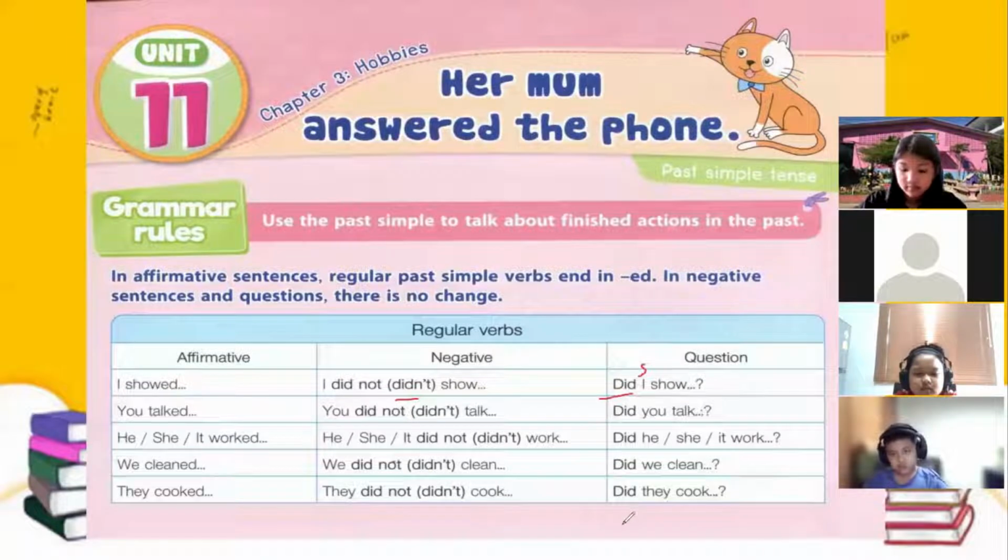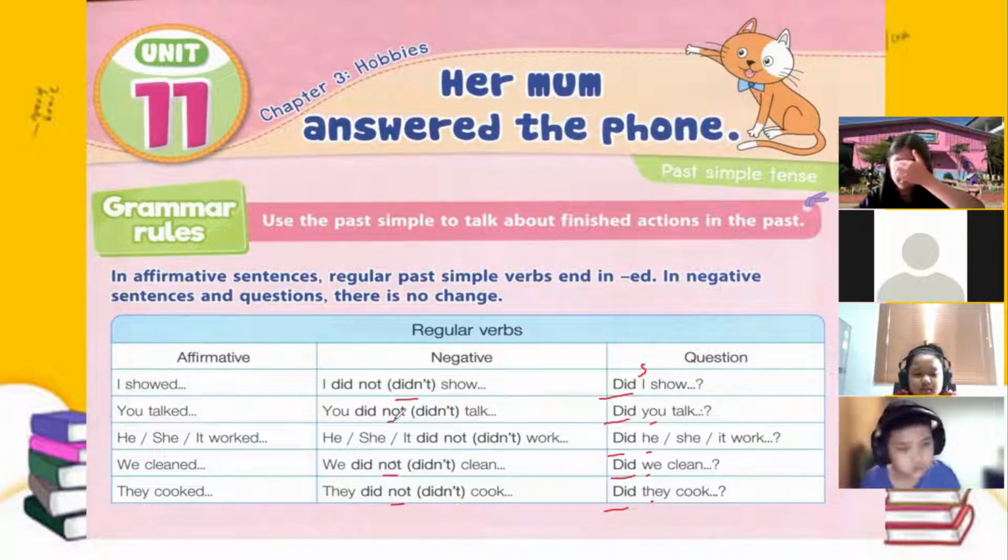Did they cook? So the helping verb, as you can see in every sentence, comes in the beginning of the sentence before the subject. And in the negative sentence, it will come after the subject, but we add not. So it's a simple trick that you have to remember.